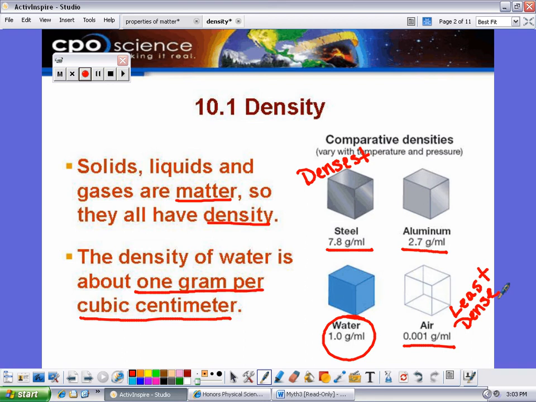As we go through, we will look at all the comparisons of a variety of materials.